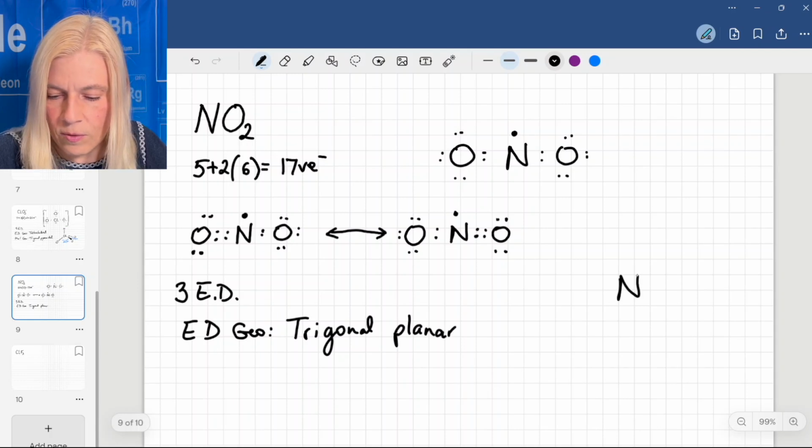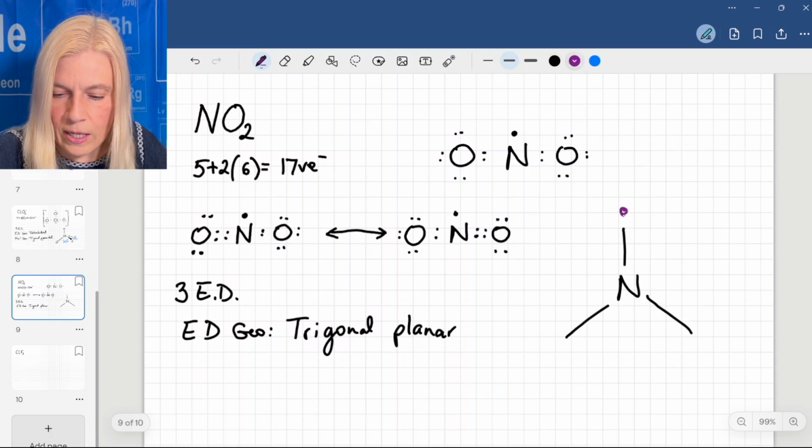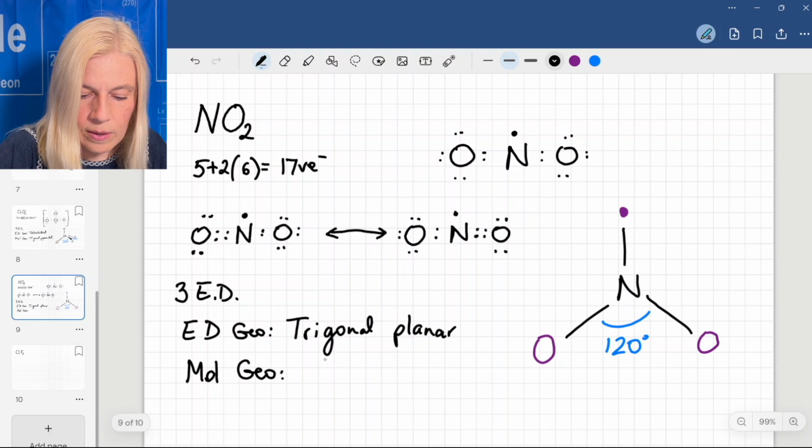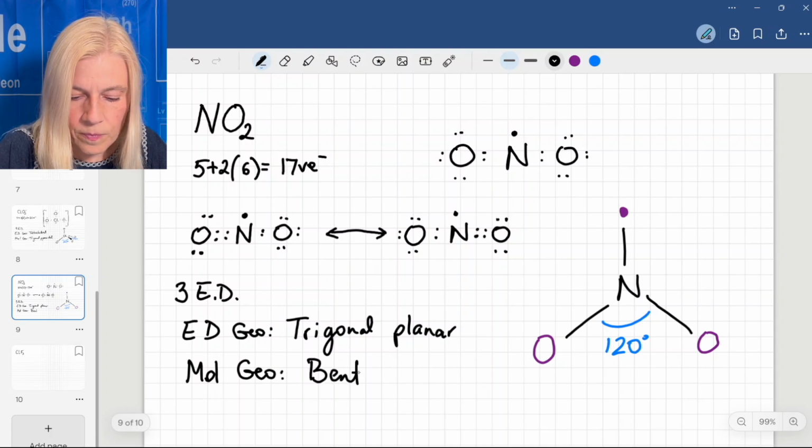And if I do 3 electron domains, and one of them is right here, but electron, and then this one is oxygen here, you can quickly see that the final molecular geometry is bent. And again, which bend? 120.